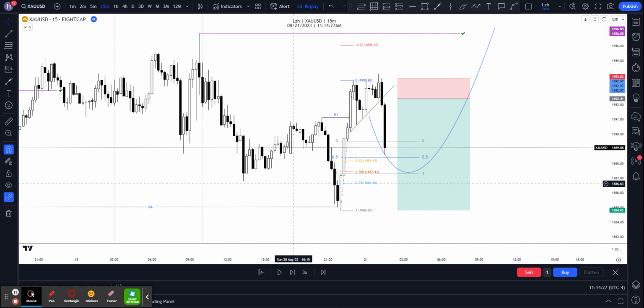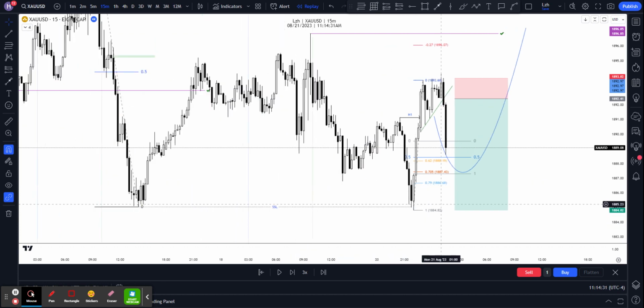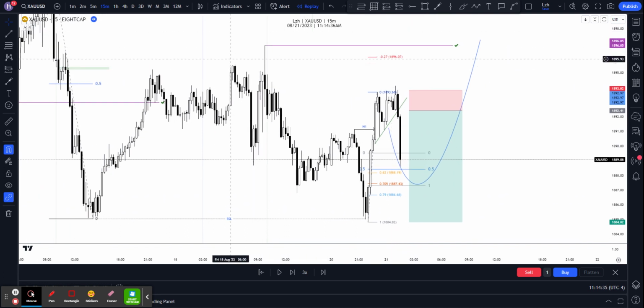But if you're playing the market structure, it is very clear that we raided the low, followed by a market structure shift, and we will look for the high which created the low here, because this high didn't produce a strong low. So this is becoming a weak high.